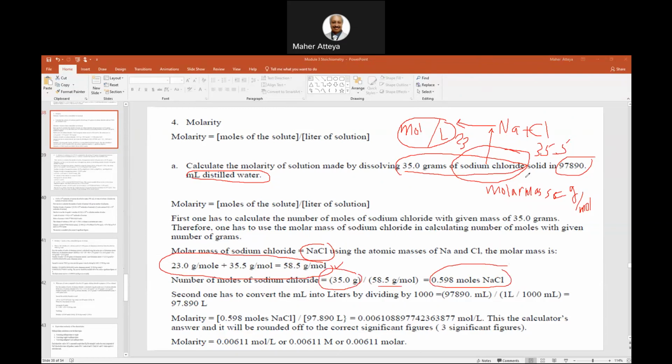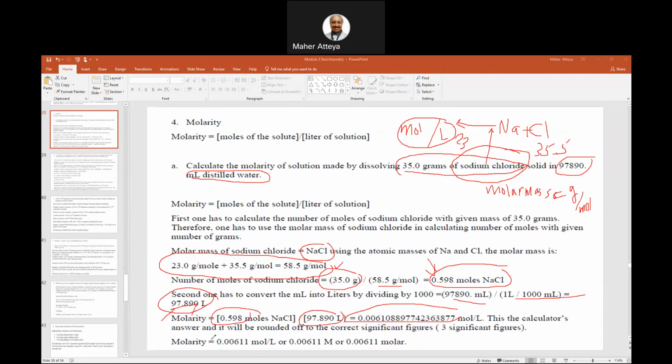Then we have a problem with this amount of milliliters. We have to convert the milliliters into what? Into liters, because it is mole per liter. So we have this amount in liters. Then, by the molarity definition, this is the number of moles from here, divided by the liters from here. This is too long, so we need 3 significant figures, correct?